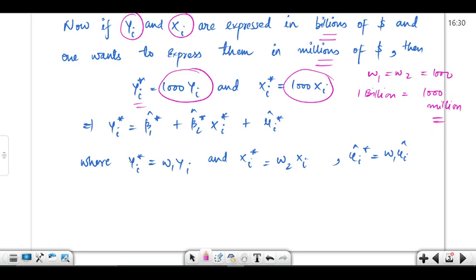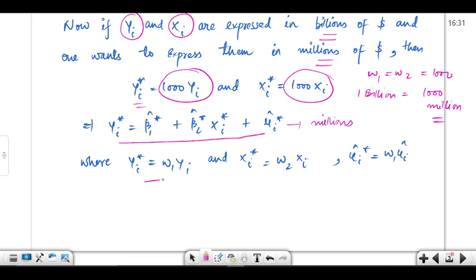My new regression equation becomes yi star is equal to beta 1 hat star plus beta 2 hat star xi star plus ui hat star. Star, because your ui hat will now also be in millions of dollars, just because you have changed the y variable and the x variable to millions of dollars.